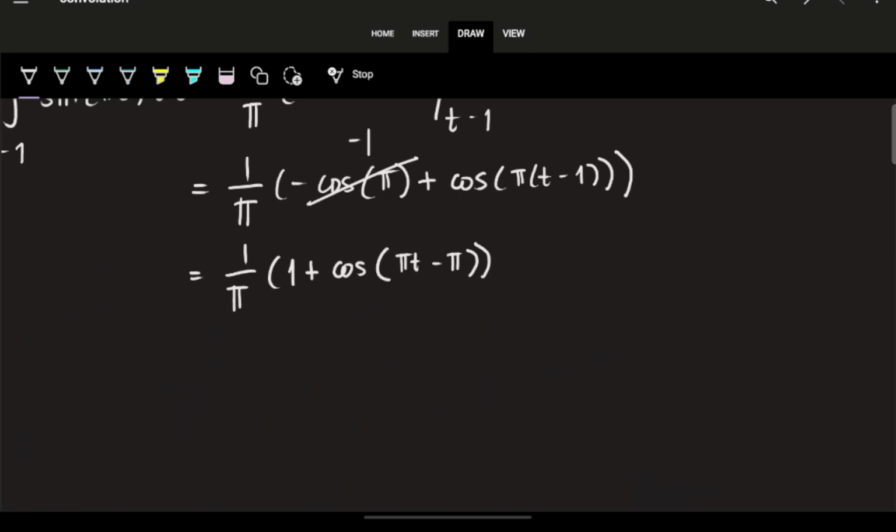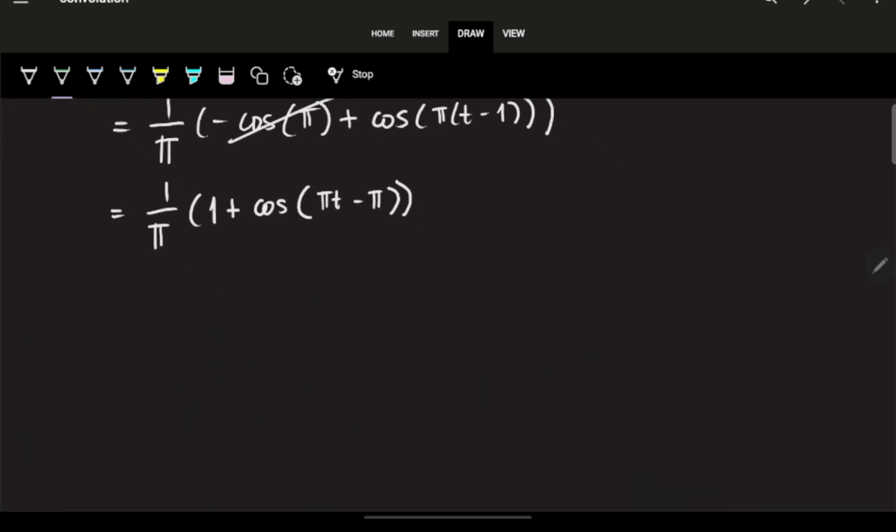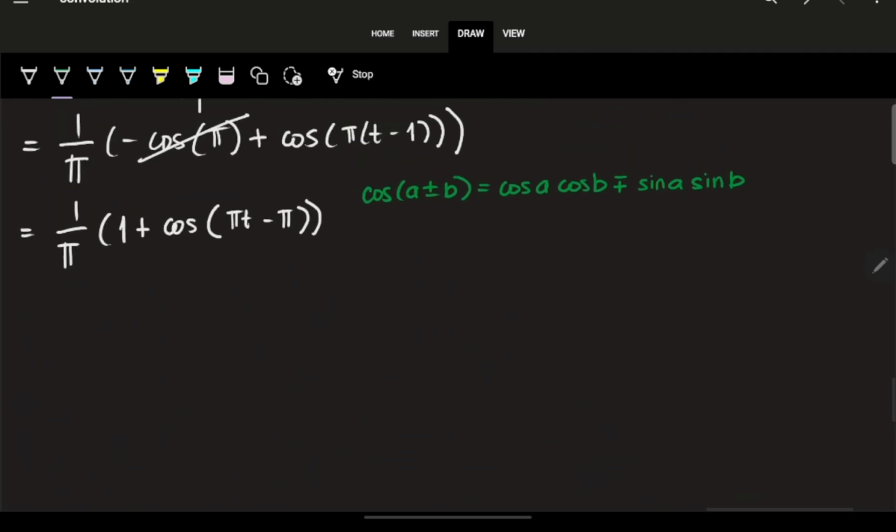So we're going to apply identities. So for this one, remember, cosine of A plus minus B is cos A cos B, minus plus, baligtad, sin A sin B. So ano ang A and B natin? So A is pi t, B is pi.